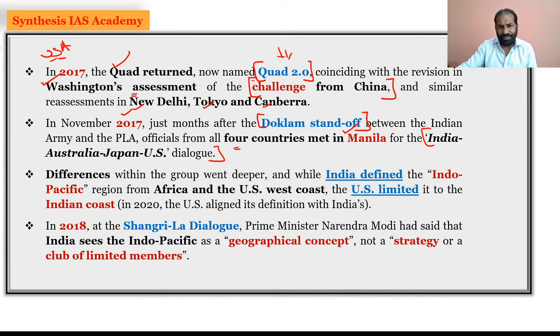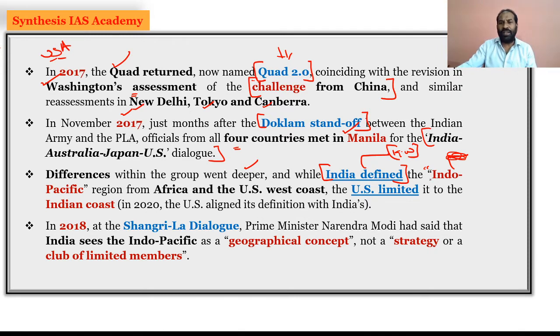So definitely differences within the group went deeper. Why? Because of how India defined the Indo-Pacific region. This is a keyword: India defining what the Indo-Pacific region is, and then the US defining or limiting it to what is the Indian coast. So there was a difference.